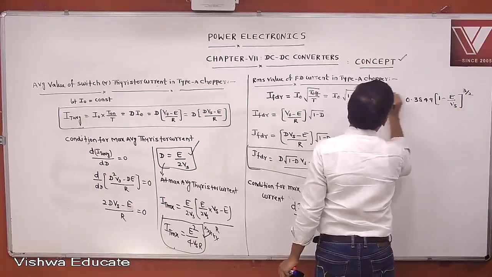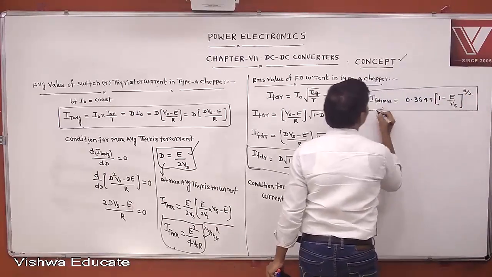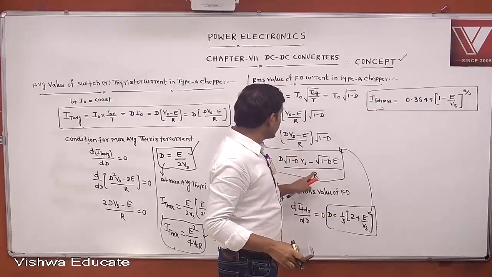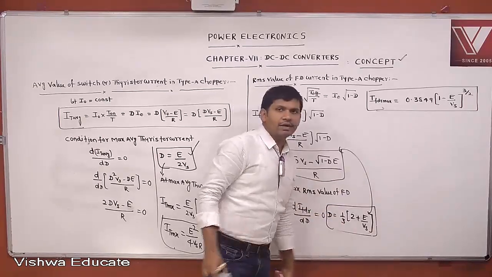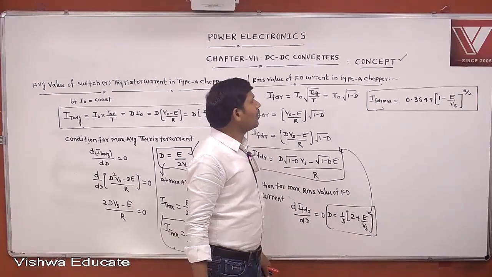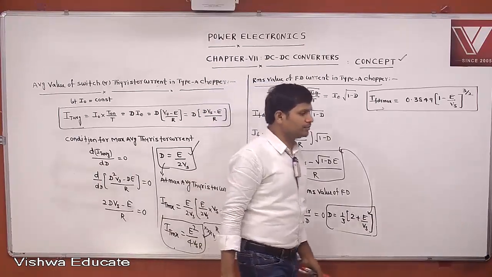This is the maximum RMS freewheeling diode current. You substitute this value here and check your mathematical knowledge.